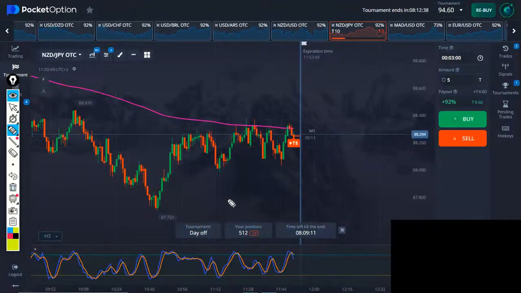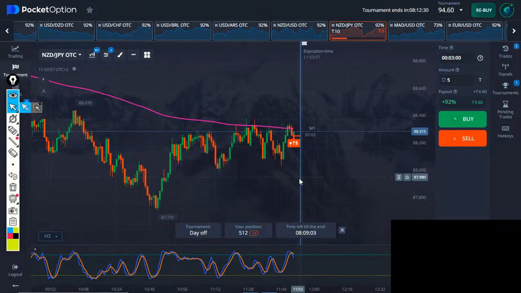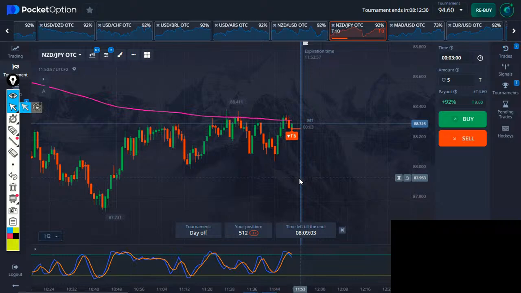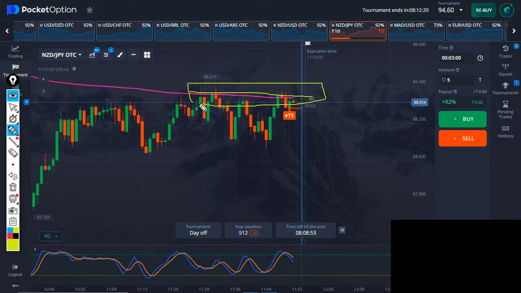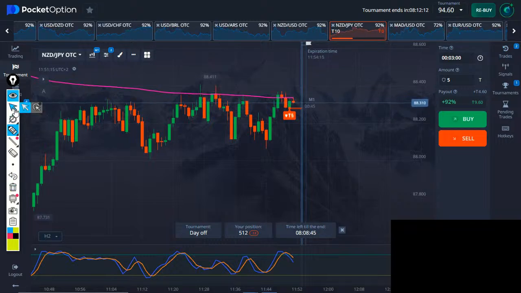In addition, you see a very strong rejection zone here. The EMA itself serves as a resistance line in this case. All this zone is a rejection zone to the downside. So I took a risk on this one.